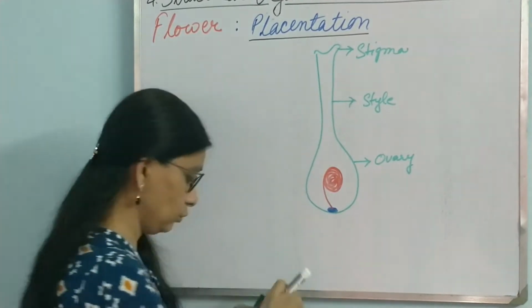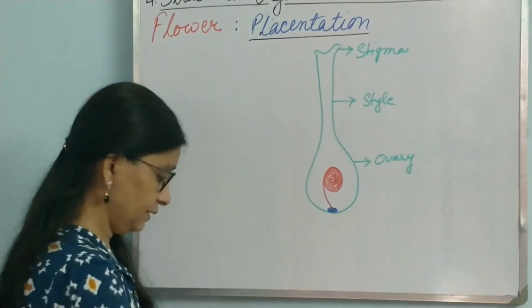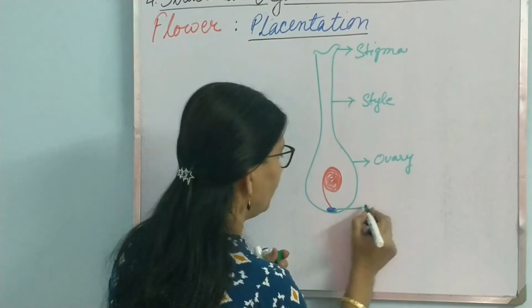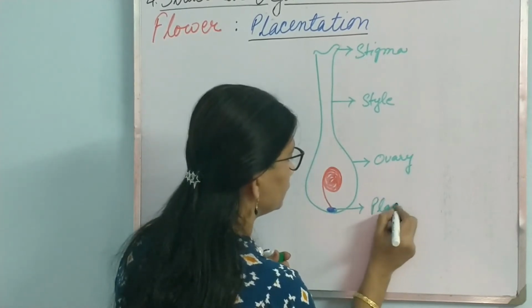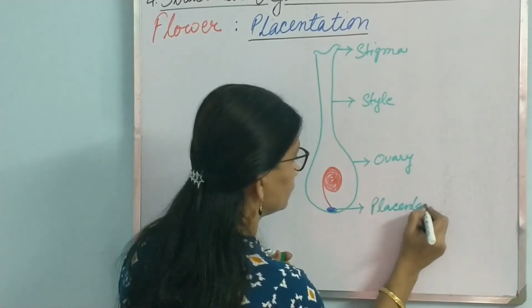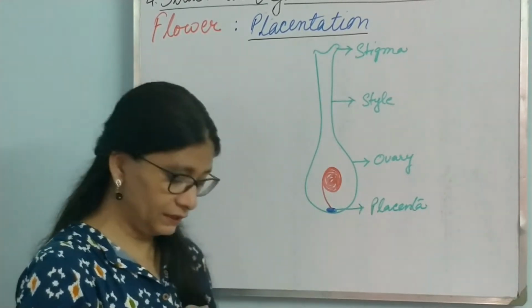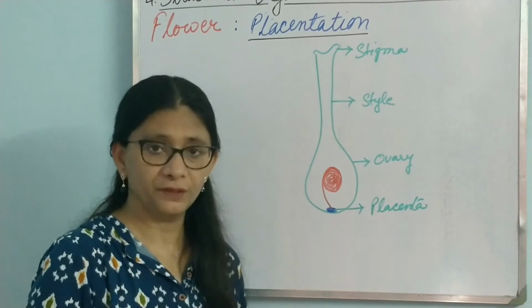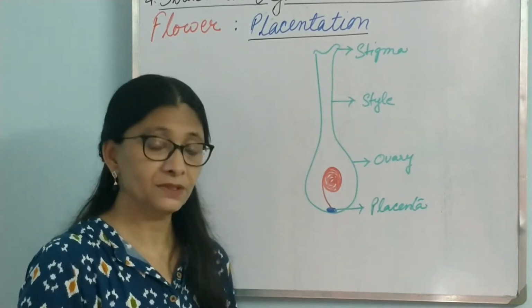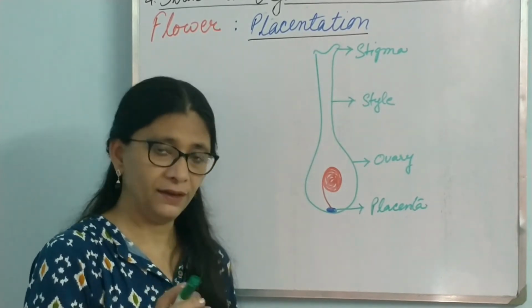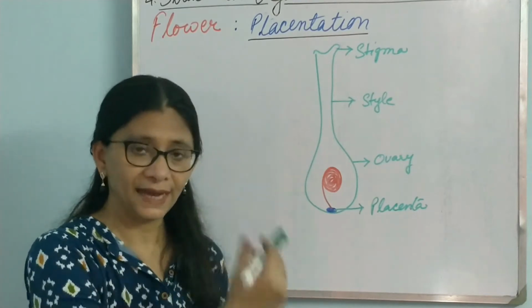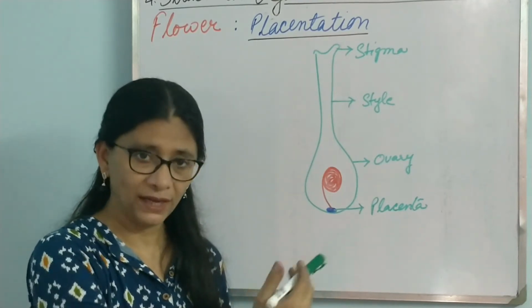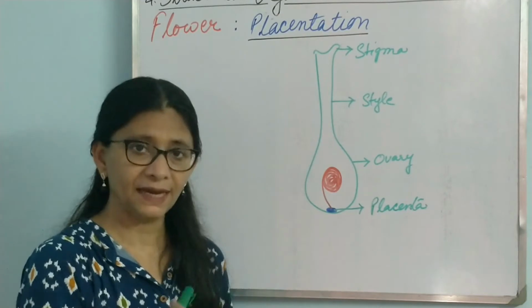This region is known as placenta. Same as in the human case. We know the placenta is that portion of the uterus in humans or mammals where the fetus is attached. Attachment is necessary. Why? There will be a flow of nutrients and gases therein.